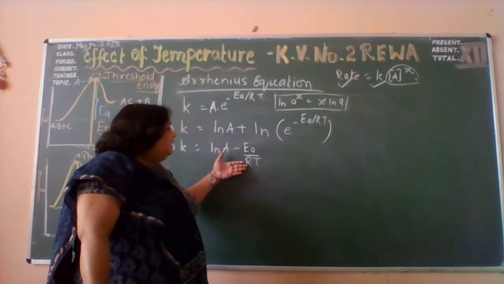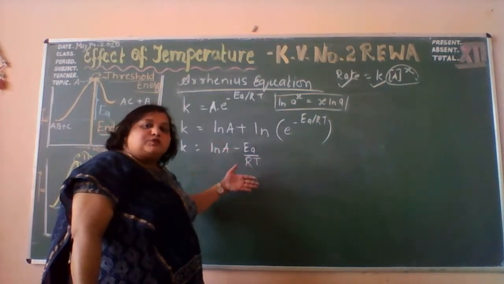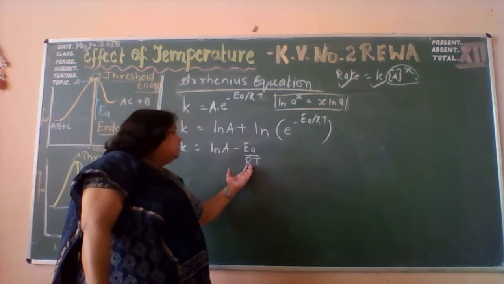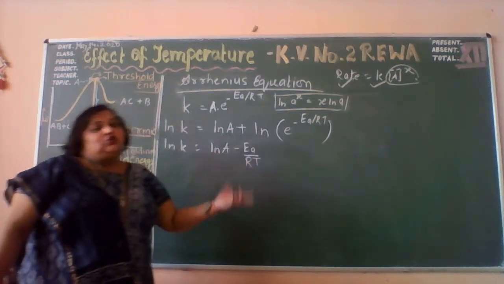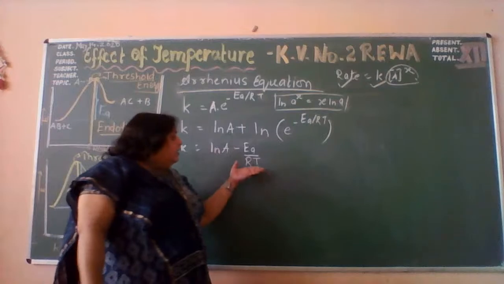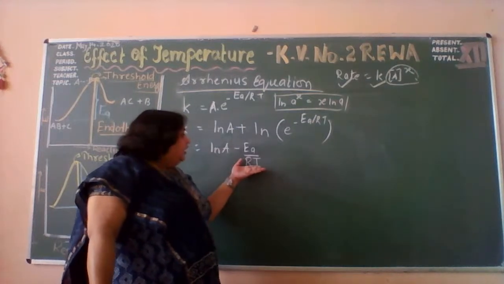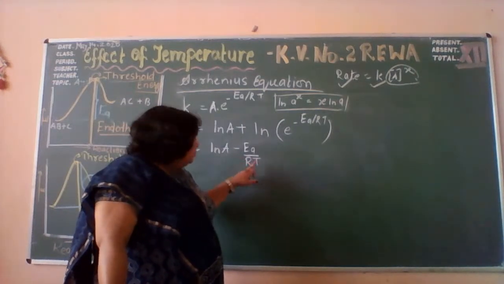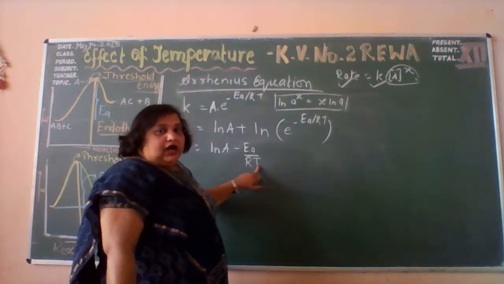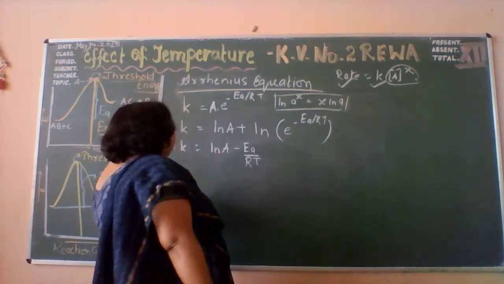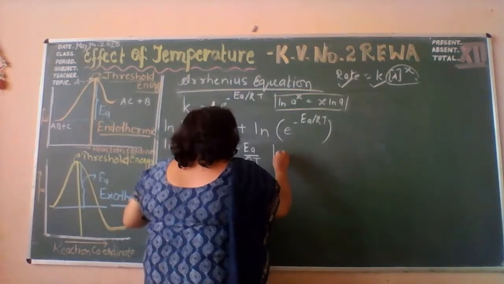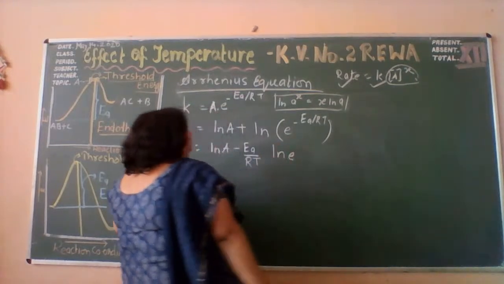Since energy is always expressed in joules, this is to be taken in joules, and per Kelvin you are taking, that's why the temperature must be in Kelvin. Capital T I have written here.